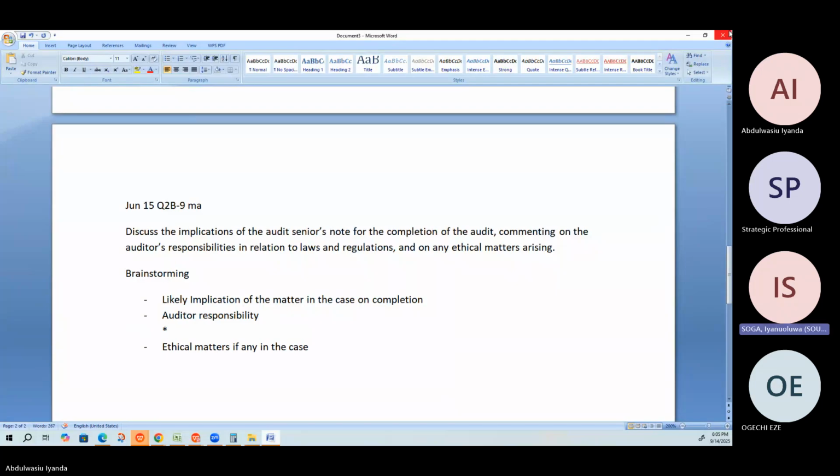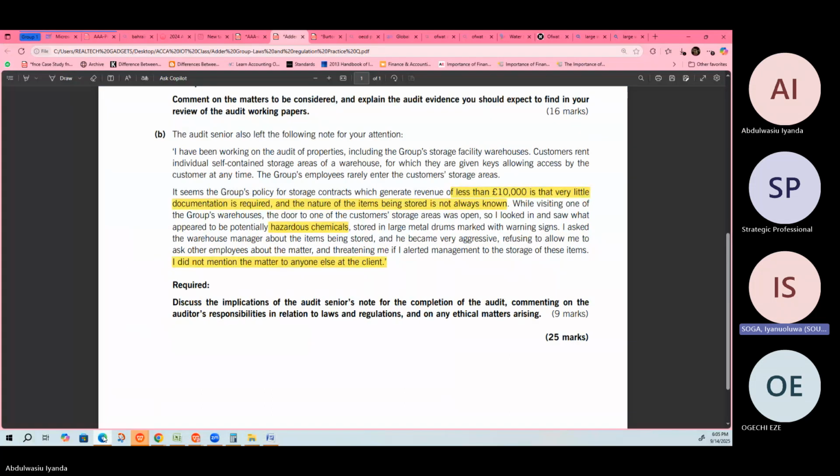Okay. For the part where one of the employees was threatening the auditor, the auditor can seek legal advice on how to proceed. He's going to have a skeptical mind.